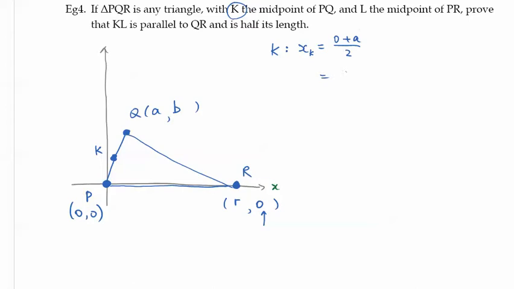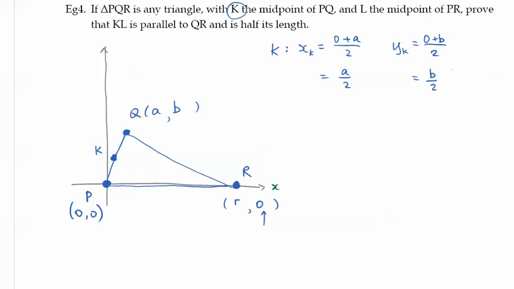That will be the x coordinate for point K. I can do the same thing for the y coordinate. I have 0 and b for the y coordinate. Take the average of those two, and I will end up with b over 2.